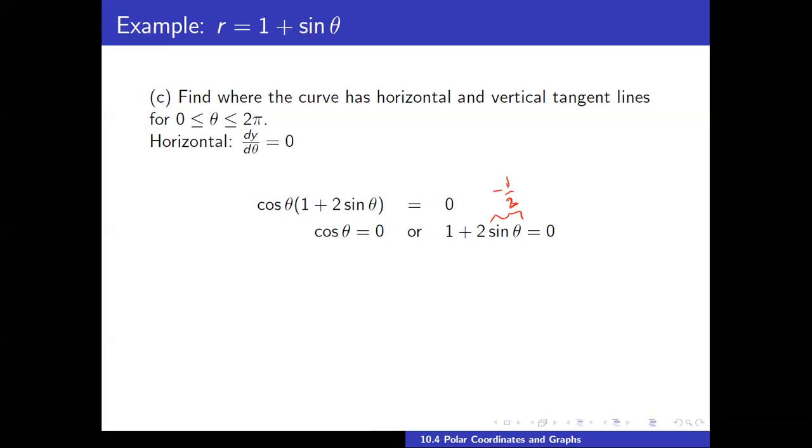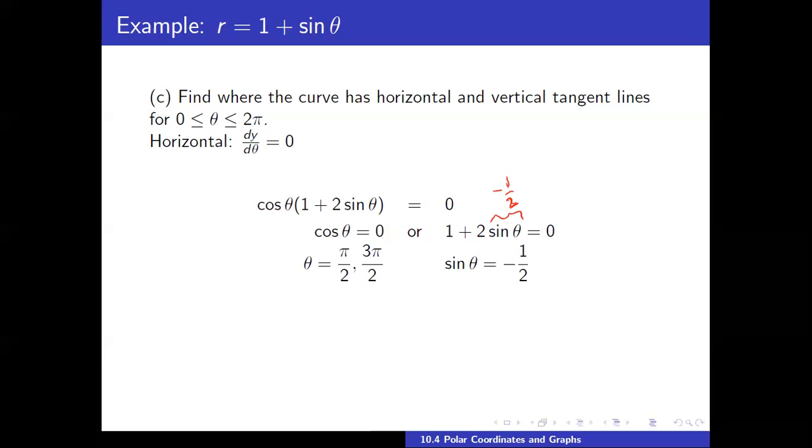So it's like 30 degrees below the negative x-axis, which is 7 pi over 6 basically, or 30 degrees below the positive x-axis, which is 11 pi over 6, yes? Because I want to stay in the range between 0 and 2 pi, okay?